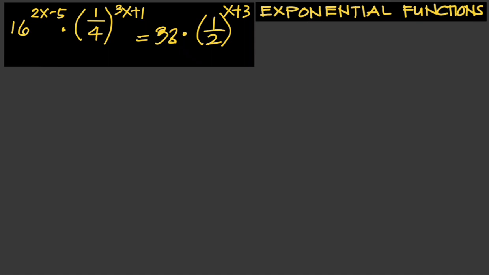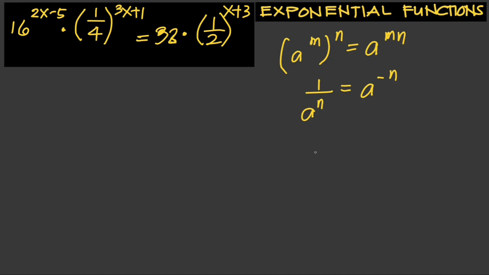Please take note that the exponent properties commonly used in solving exponential functions are the power of a power rule, where we just multiply the exponents; the negative rule, so you can write that as a to the negative n; and then the product rule, where we just add the exponents.